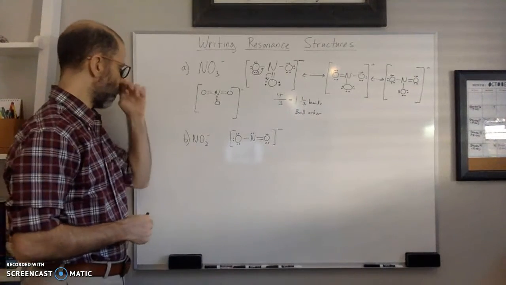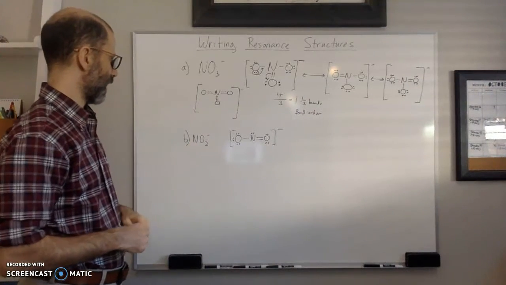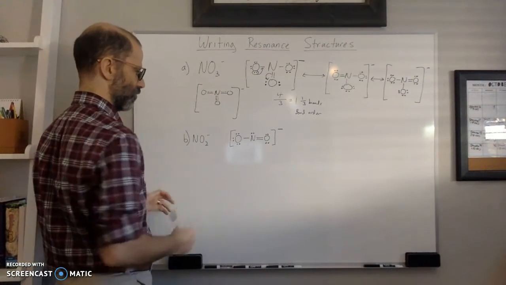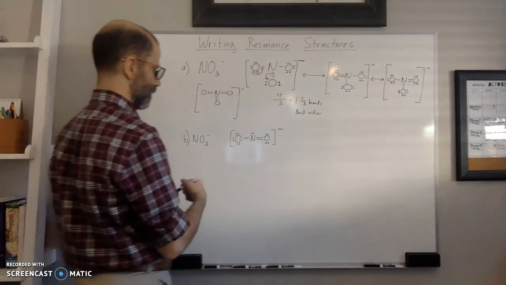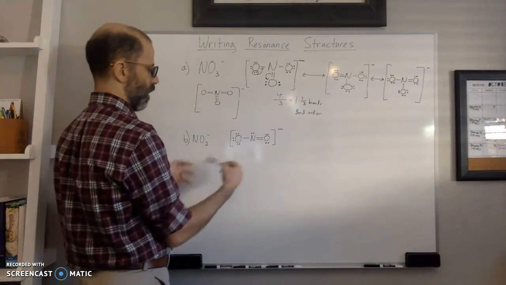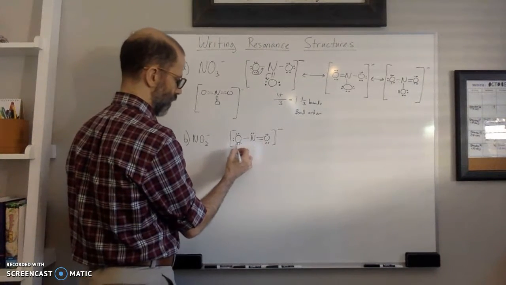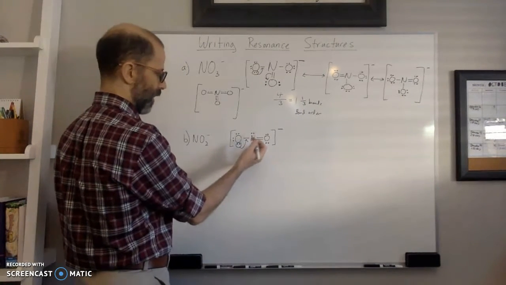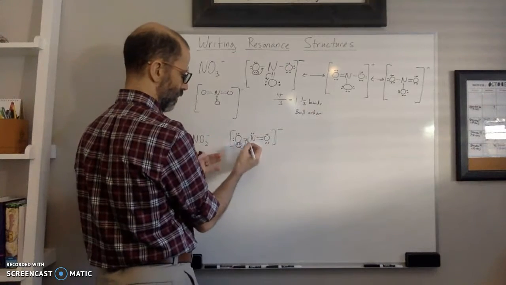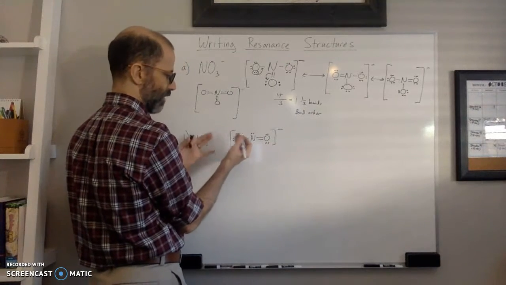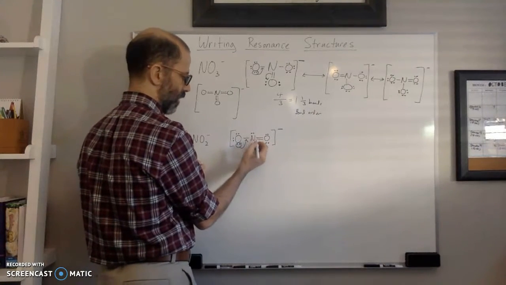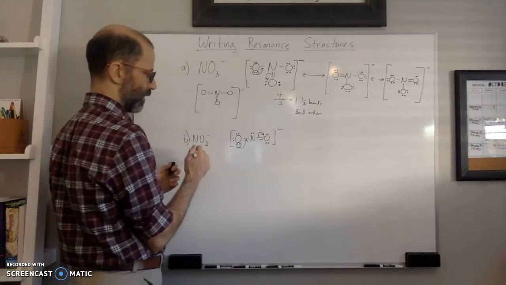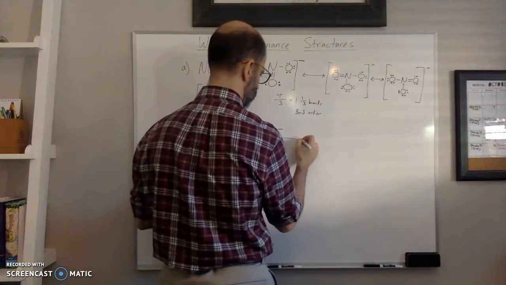Okay. What about our nitrite ion? So we only have 2 oxygens in this one. And again, the idea is the same. So I can move these electrons here to make a double bond there. And again, nitrogen can only have an octet. So then what's going to happen is that the double bond has to become a single bond, right?